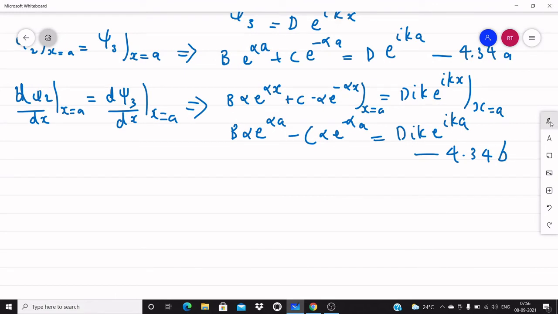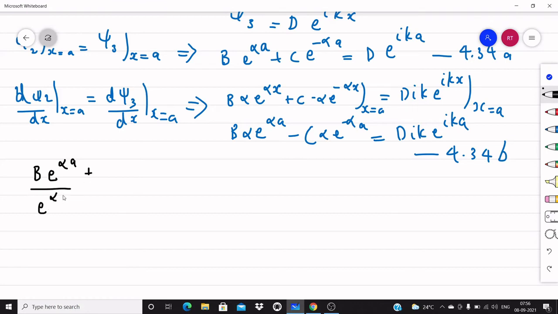Divide it with e raised to alpha a, so it becomes b e raised to alpha a divided by e raised to alpha a plus c e raised to minus alpha a divided by e raised to alpha a is equal to d e raised to i k a divided by e raised to alpha a.